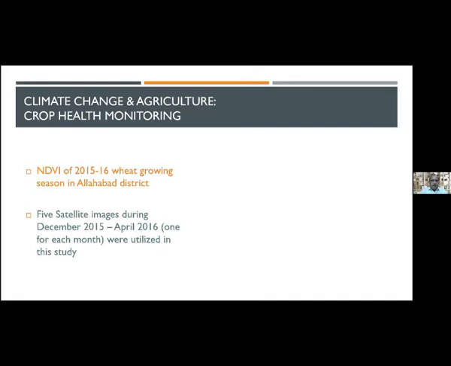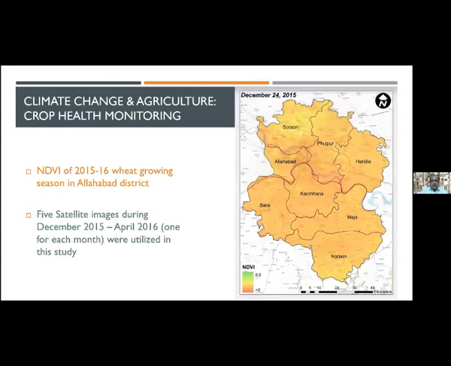Okay, so here I took 5 satellite images, one satellite image every month, from December 2015, January 2016, February 2016, March 2016, and April 2016. Okay, one each month. These are 5 satellite images.